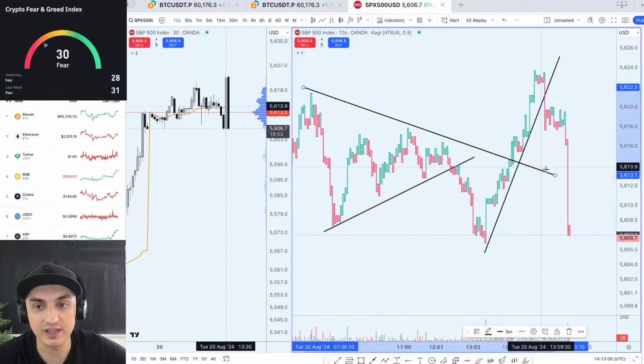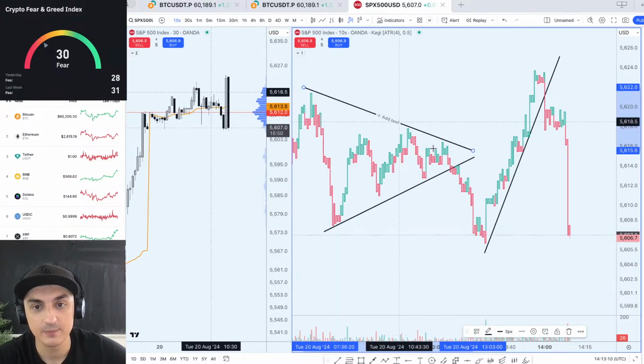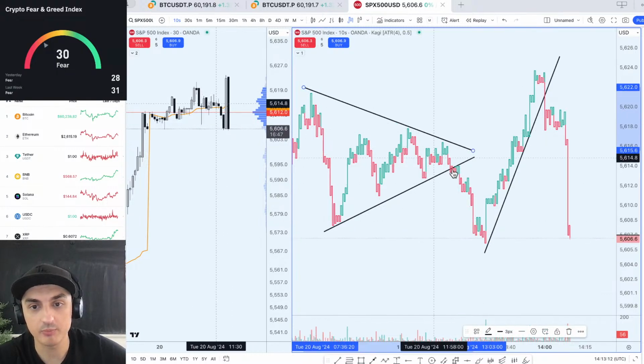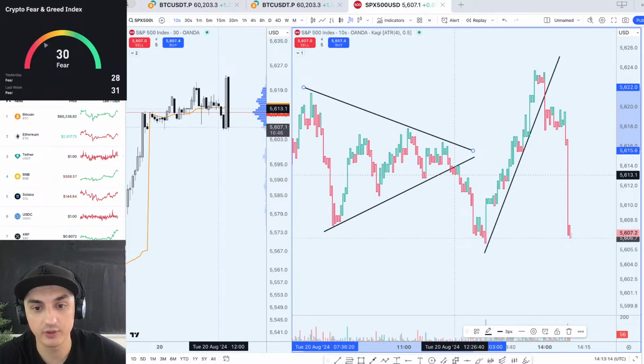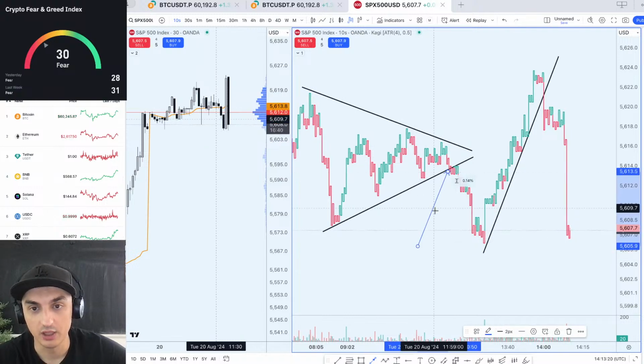So this is the influence that I'm talking about. We got this triangle over here, and people place their shorts in this area of breakout, right?